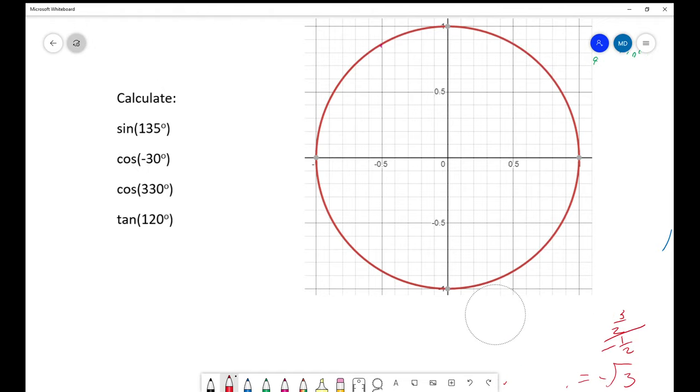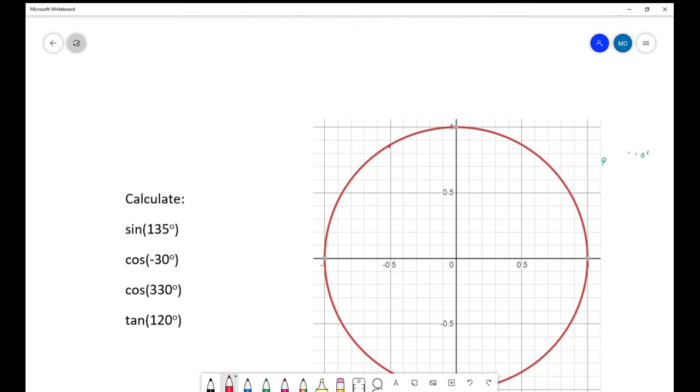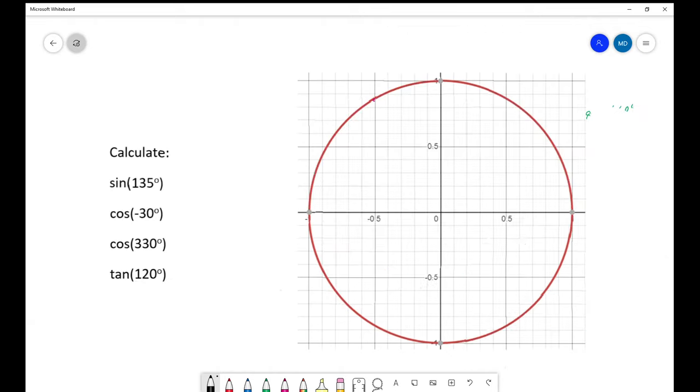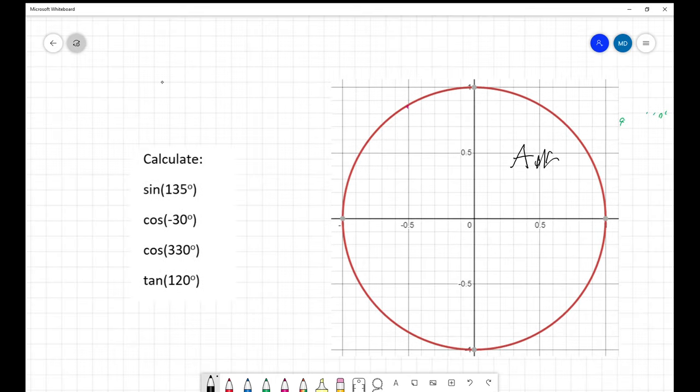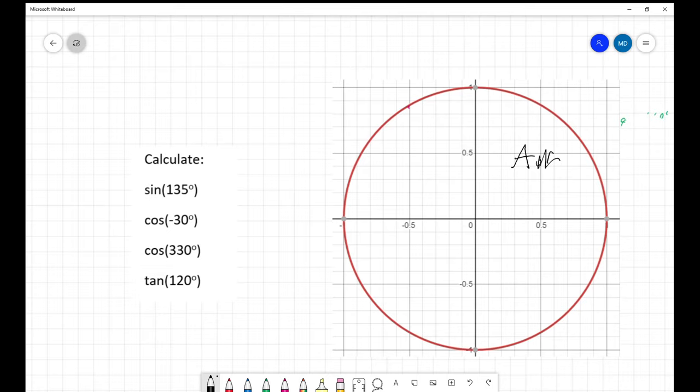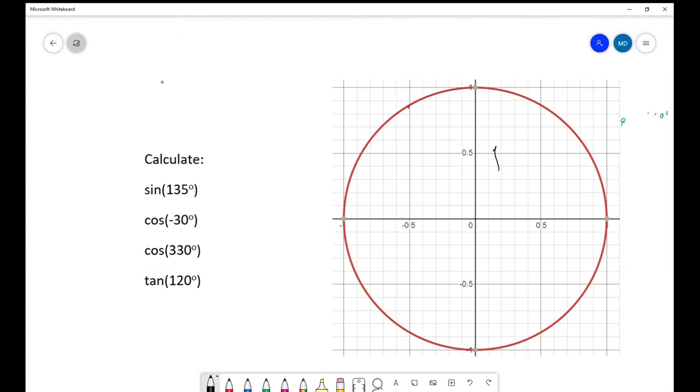If you were to try this out with lots and lots of different angles, you'd start noticing this pattern: all of my trigonometric ratios are positive in what we call the first quadrant.